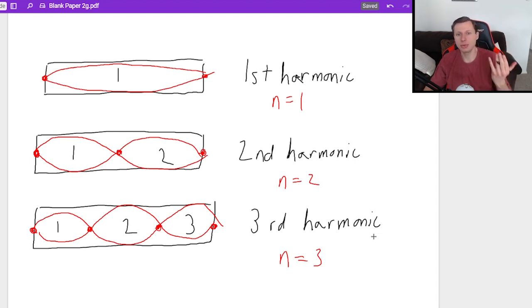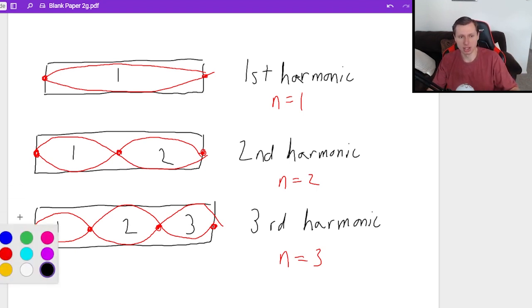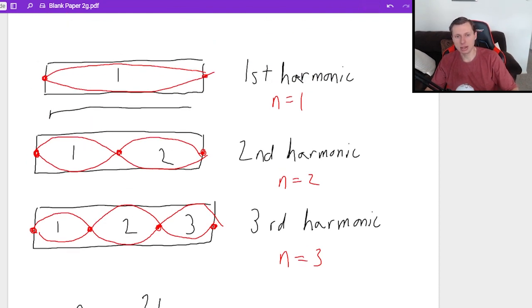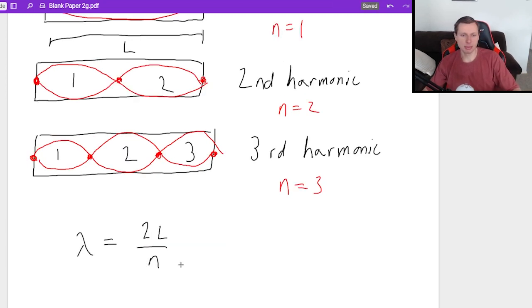The reason we need to know that is because there's a way we can easily find the wavelength using a very specific formula. The wavelength formula for any of these standing waves, both ends closed, is simply 2L over N, where L is the length of your pipe or string or guitar or whatever, or bottle, and N is the number of the harmonic.